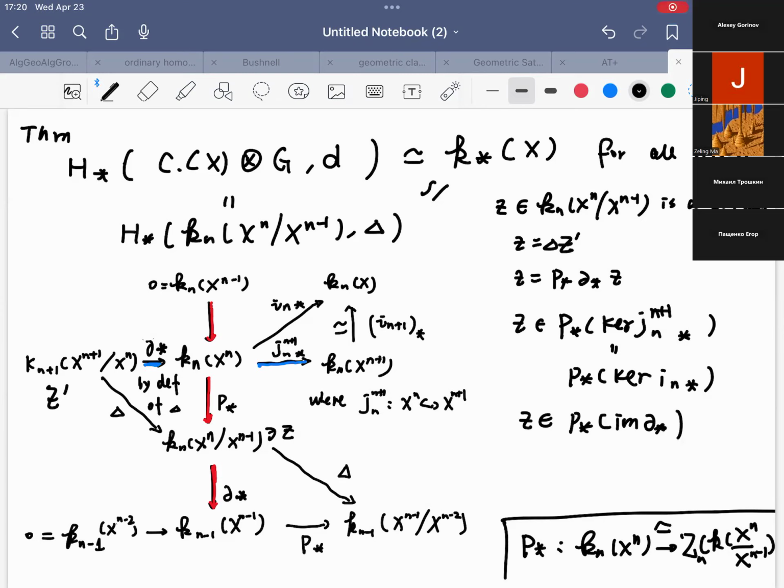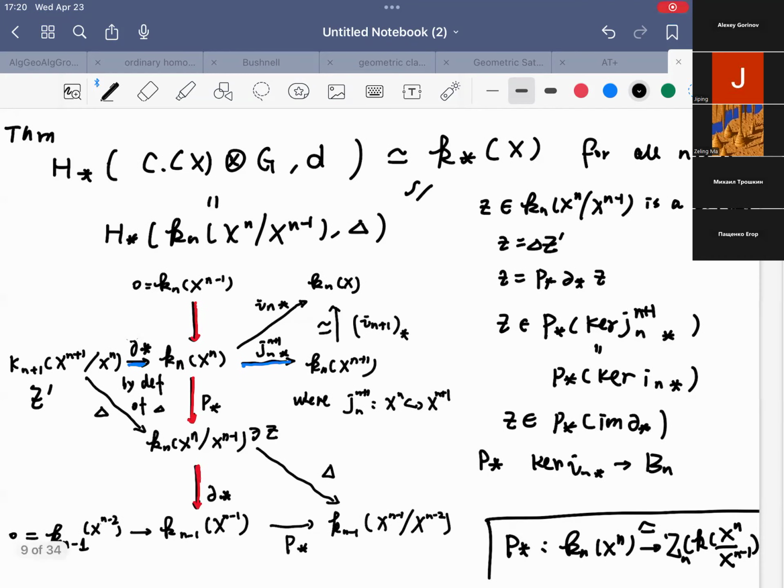So p star now defines an isomorphism from the boundary.